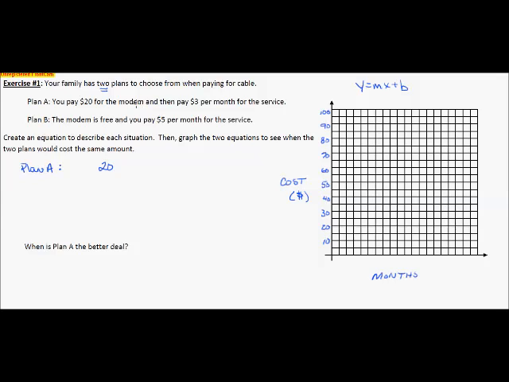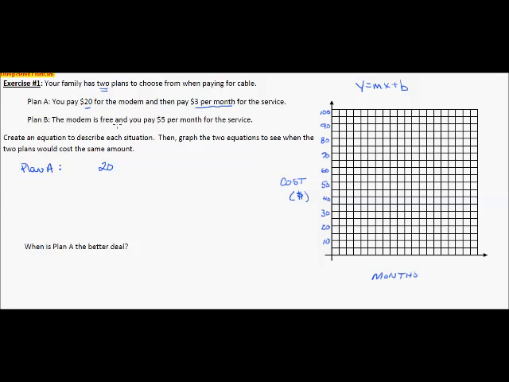Alright, and this is for cable service here. So usually when you have cable service nowadays, you have to pay for a modem, and then you're going to pay $3 per month. And I try to give people hints. We've done this before, where you see that per month. That is usually a good indicator that you're going to multiply by some variable.